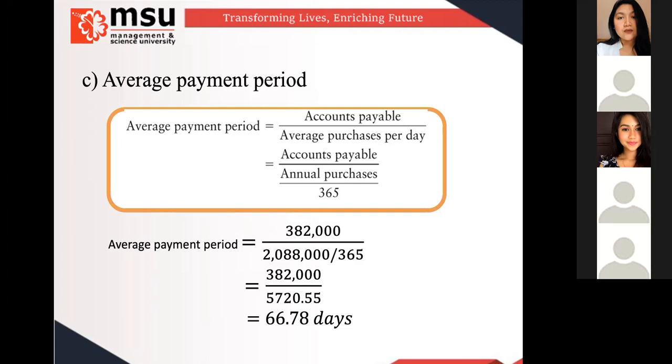All right, so far, any question? Everything understood? Okay. Yes, madam, I don't understand how to calculate average payment period. Average payment period is account payable divided by average purchases per day. How do we know the account payable, is it in the balance sheet, madam?